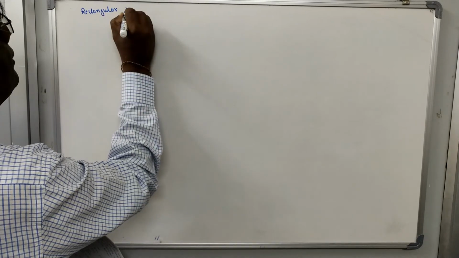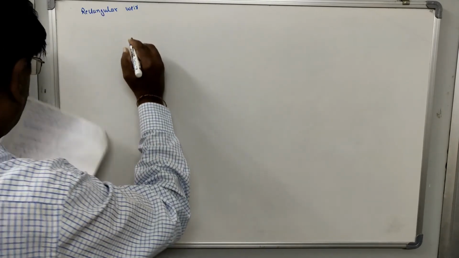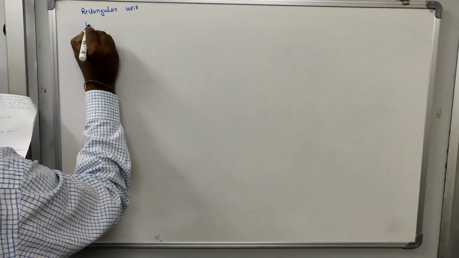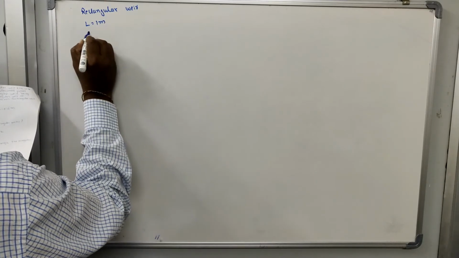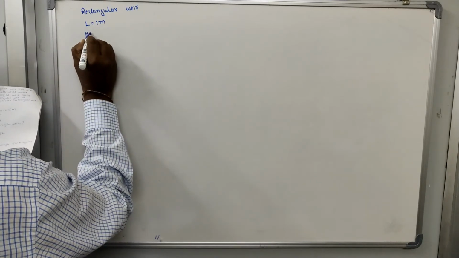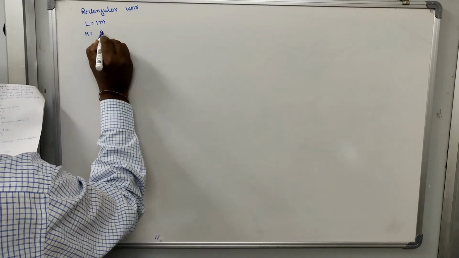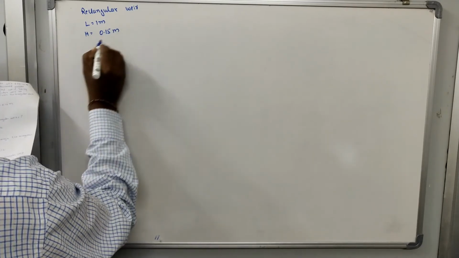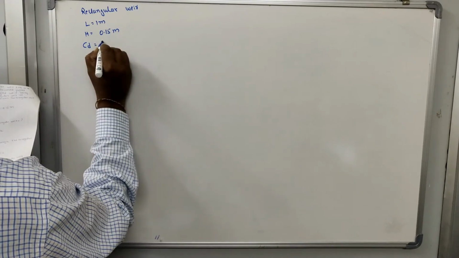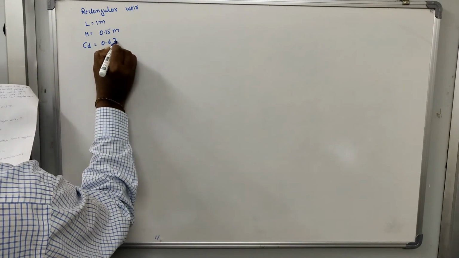Okay, so first for the rectangular weir, the given data are L is equal to 1 meter. Then the head over the sill of the notch is 150 mm or 0.15 meter. Then CD value is 0.62.